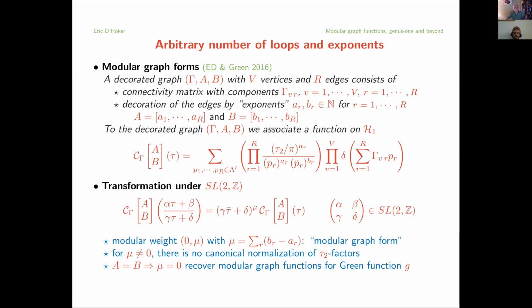So what we do now is we consider a so-called decorated vertex, which is described by gamma. Gamma is a connectivity matrix, which tells you how a vertex is connected to a line. We assume that there are V vertices and R edges.